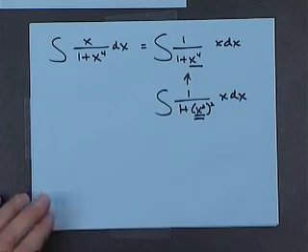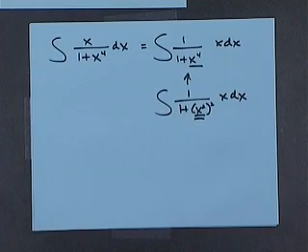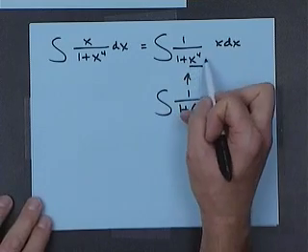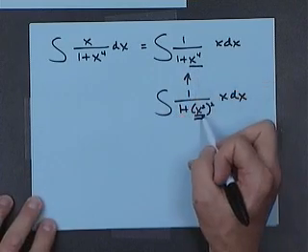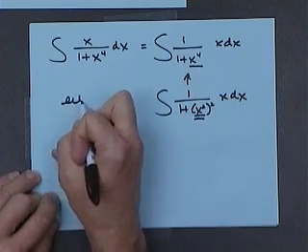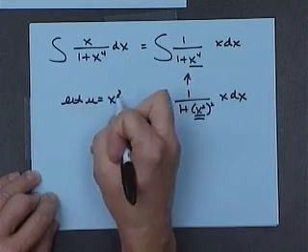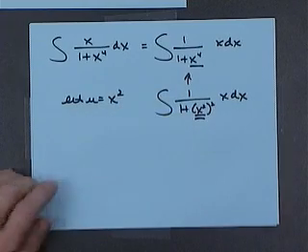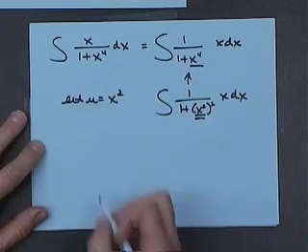Normally we just have an x there or a u there, right? We don't have anything that has x to the 4th there, but x to the 4th happens to be x squared squared. So the choice that's been suggested is let u equal x squared.